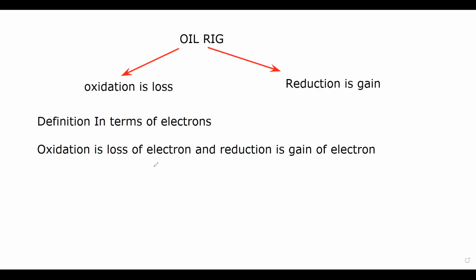Example, we have a zinc atom. It loses electrons and turns into a zinc ion. So whenever an element or a substance loses electrons, we call that change oxidation. So we'll say oxidation happened for zinc, or zinc is oxidized.